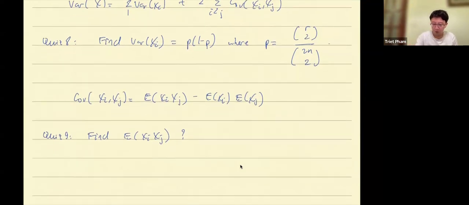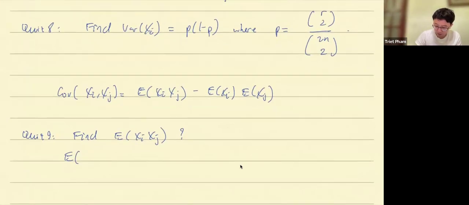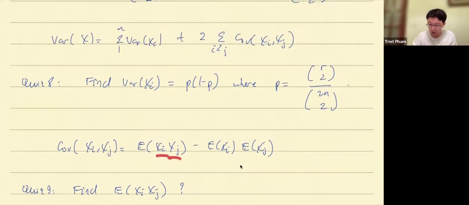All right, so how do we do this? The expectation of xi xj is the probability that both events indicated by i and j happen.